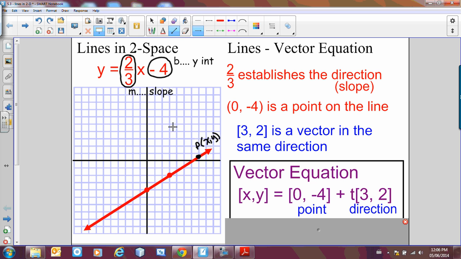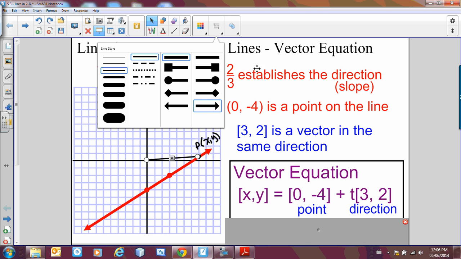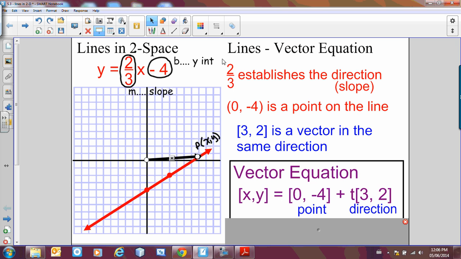The basic idea is that if I'm trying to establish the location of a point, I'm looking for the distance and the direction of that point from the origin. So there can be a vector here. We can draw a vector to any point on our line.